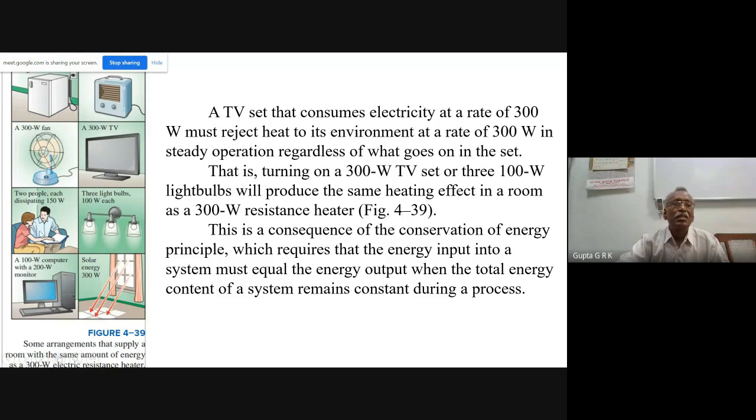And two people, if they are just discussing something, each person is dissipating 150 watts, and both of them together 300 watts. Or there may be 300 watt bulbs, or a computer with 100 watts for the computer and 200 watts for the monitor. And there may be solar energy coming. So all these are equal energy that is coming out of them into the room. Okay.